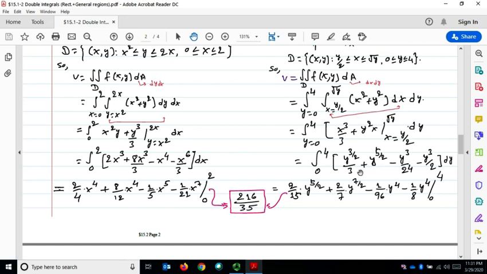Now we have our integral in y, and just as before, let's integrate with respect to y.